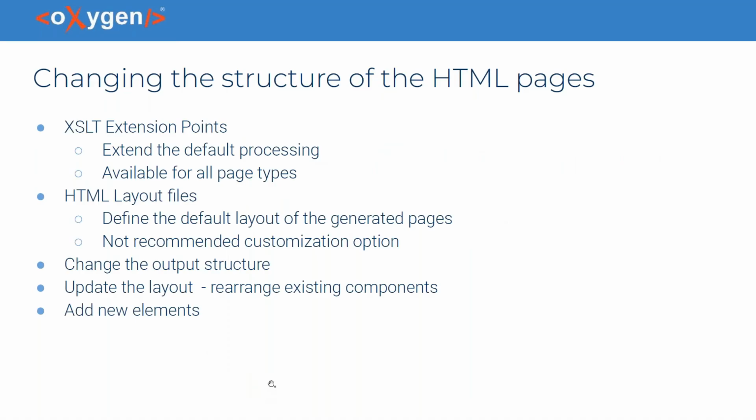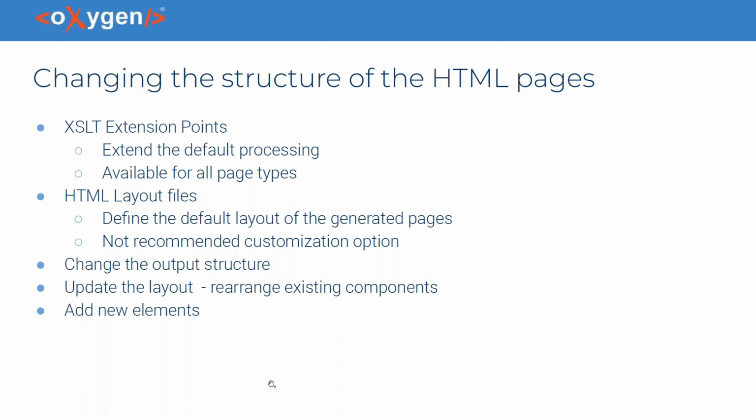Another way to change the structure of the generated HTML pages is by customizing the HTML page layout files. WebHelp allows you to reference a copy of the default HTML page layout files in the publishing template.